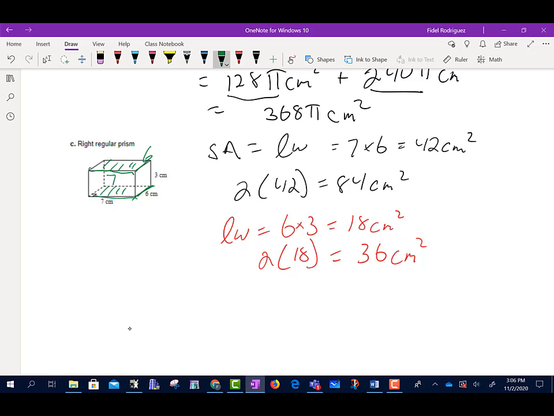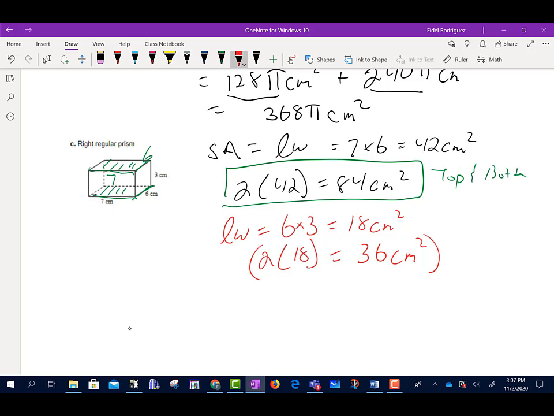Okay, so sorry about that, guys. I just realized that right now. Top and bottom. And let's see. These here were the sides. Okay, so that was my bad. My mistake.